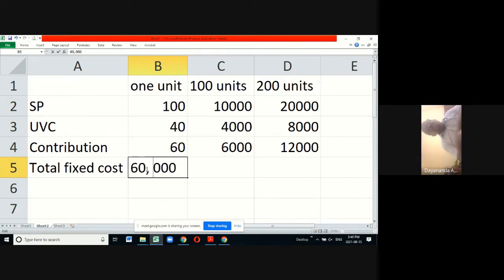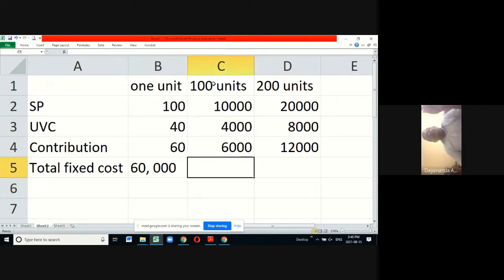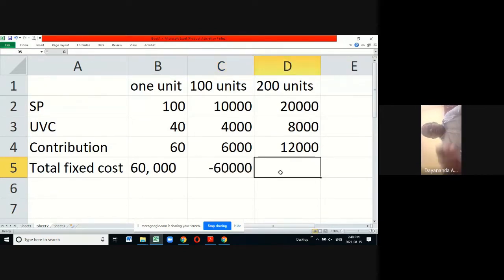So what should be the break-even point? Now you see, whether you are making 100 units or not, you have to incur 60,000. Here also your cost is 60,000 because it's fixed.